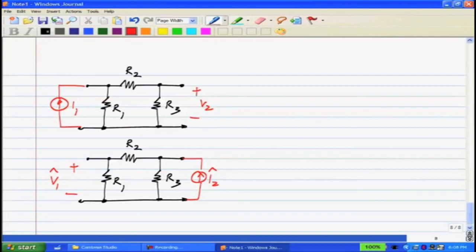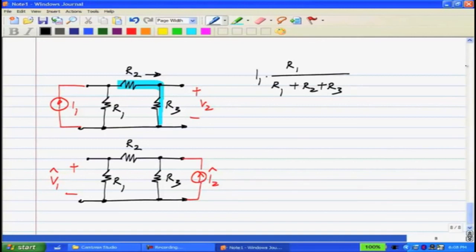So now what is the voltage developed here? First of all, this I1 divides into two parts. One part goes through R1, the other one goes through the series combination of R2 and R3. And by results on current division, you know that the current that flows here is I1 times R1 divided by R1 plus R2 plus R3.